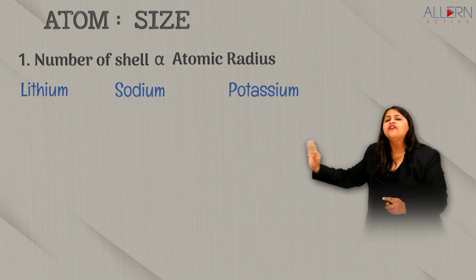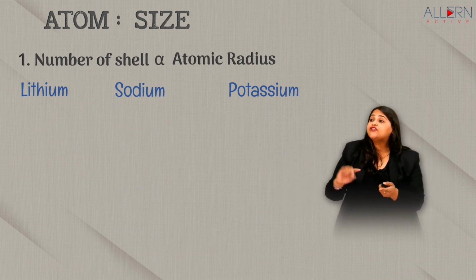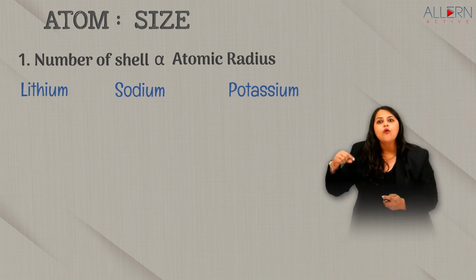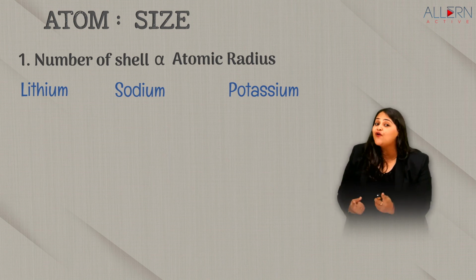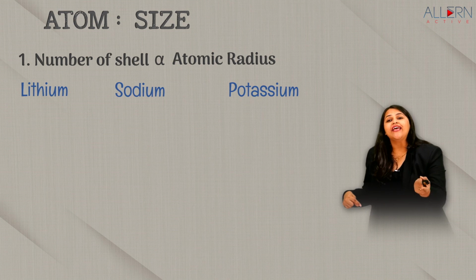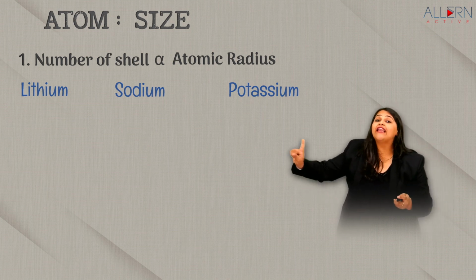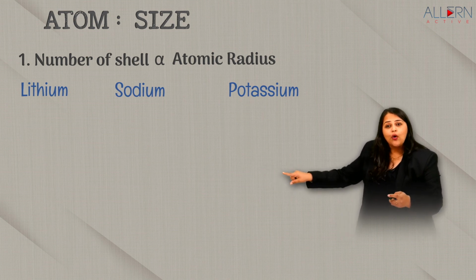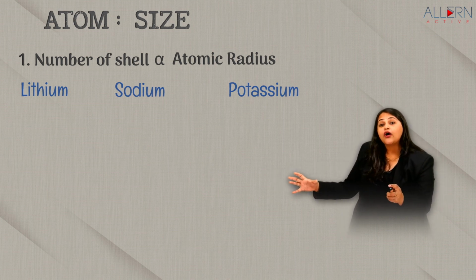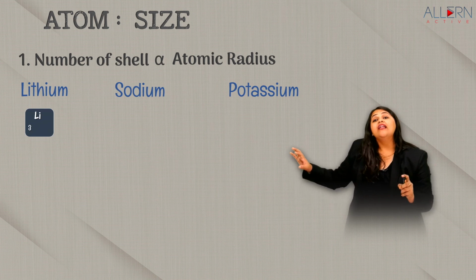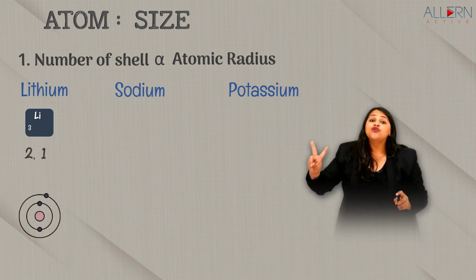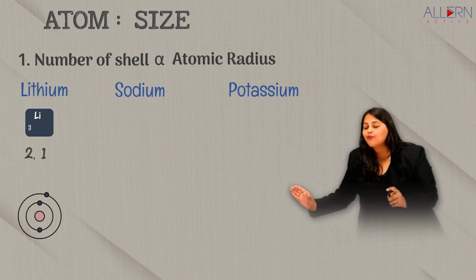The atomic number for lithium is 3 and the electronic configuration is 2, 1. 2 in the first shell. Well, it's full, so we have another shell, the L shell, right? In the L shell, we'll have 1 electron. So lithium has 2 shells, and the size is smaller.